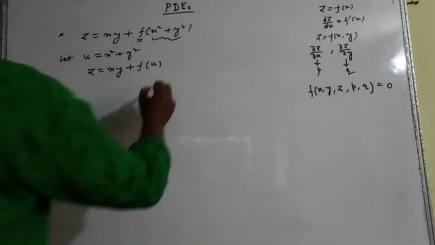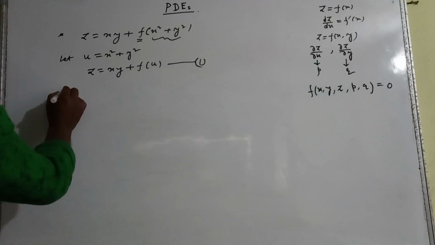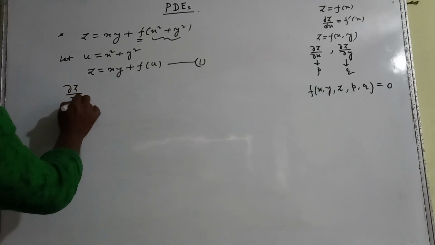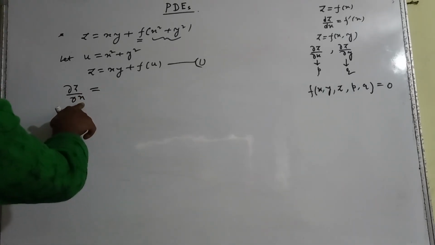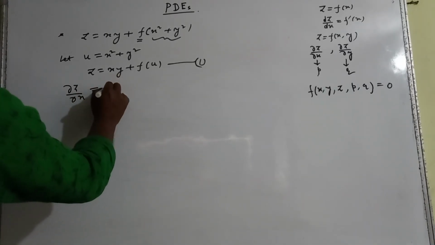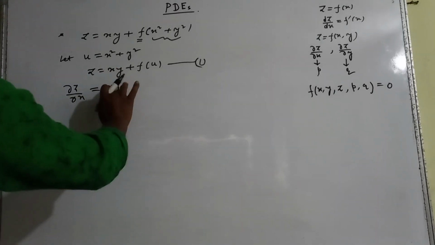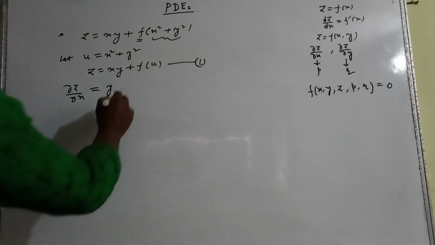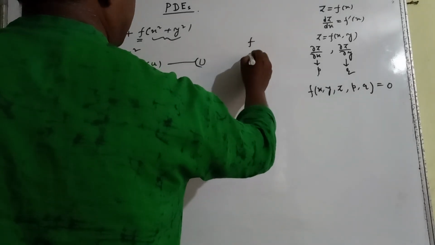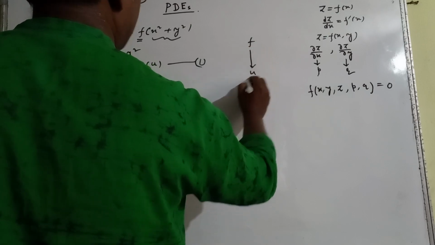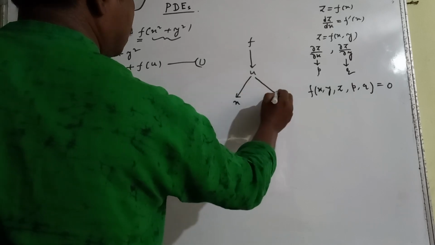With respect to x: when we differentiate this partially with respect to x, del z del x, with y constant, y into the derivative of x, which is 1, that is y only. And f is a function of u, and u is a function of x and y.